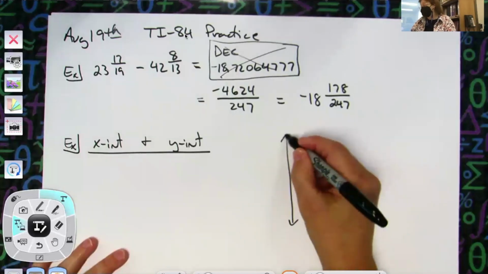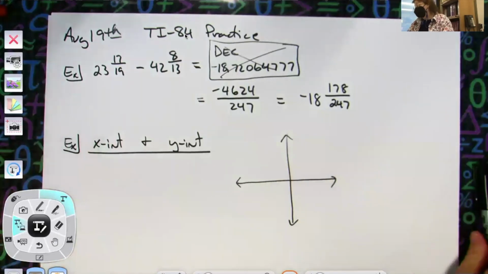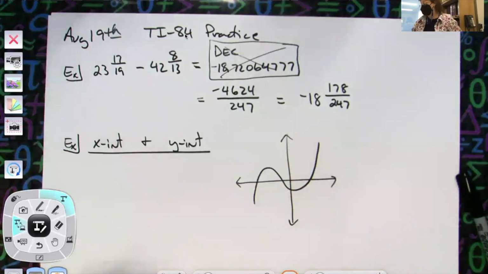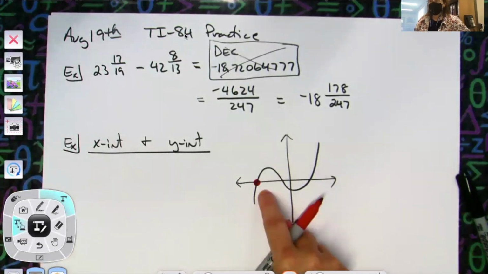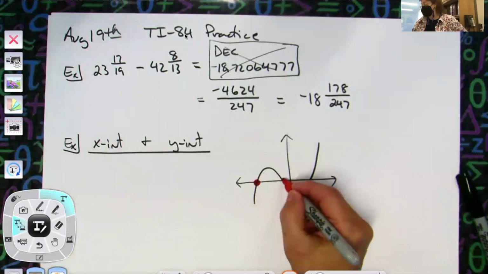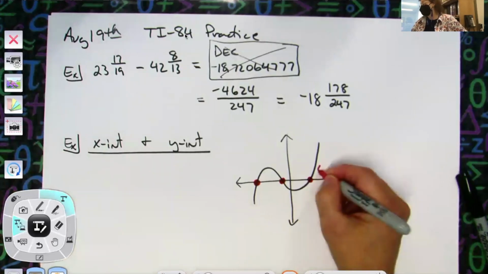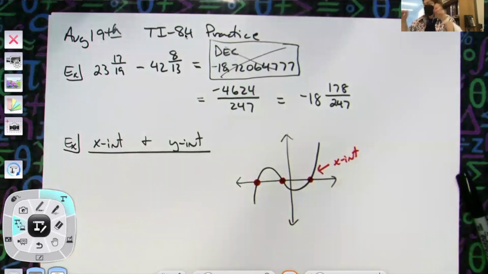Here's my coordinate plane. I can have any type of curve on there that I want. This is an x-intercept, right? That's the point at which the graph crosses the x-axis. The point at which the graph crosses the x-axis. So those are x-intercepts, and I just said they're points.